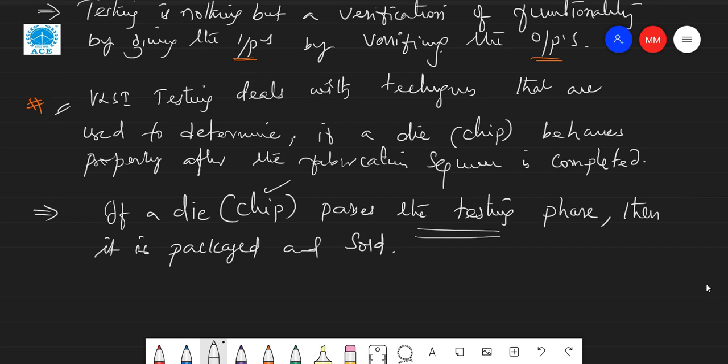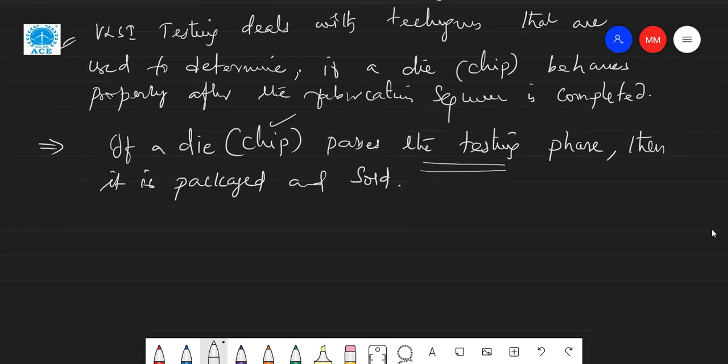Basically, these types of faults: suppose I have an AND gate here, with inputs A, B and output Y, for example. If I give 0 0, there is a chance of misconnections, and this will be passed as stuck at 1, like this, or stuck at 0 it is called.